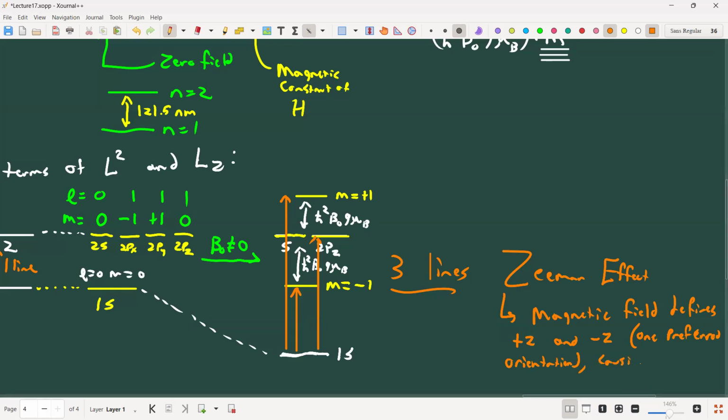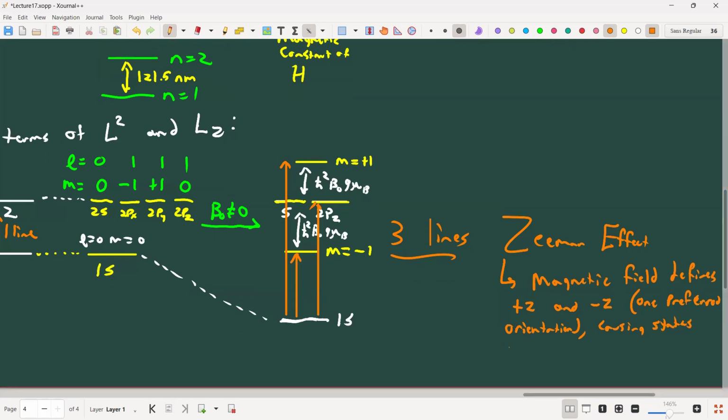Causing states of different LZ to split. Right? The idea is that if the magnetic field is pointing in the positive direction, there is an M component, an angular momentum of that electron that in some sense moves with the field itself.